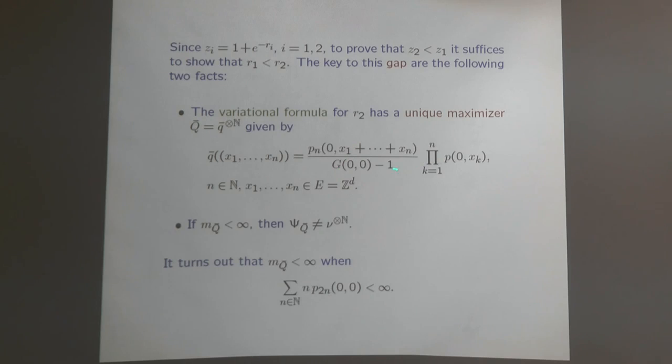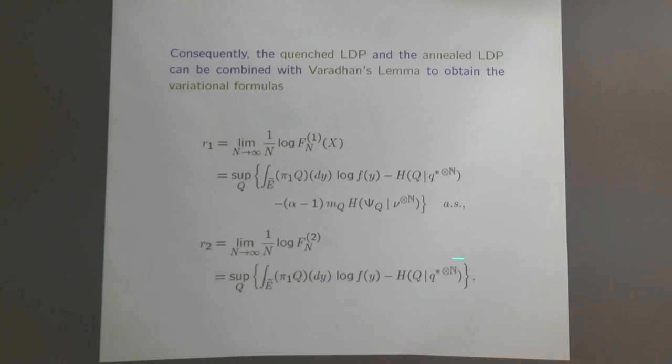And there's a certain normalizing factor. And now something wonderful is happening, because I know that this variational formula has a unique maximizer, which is taken at q equal to q bar to the power n.